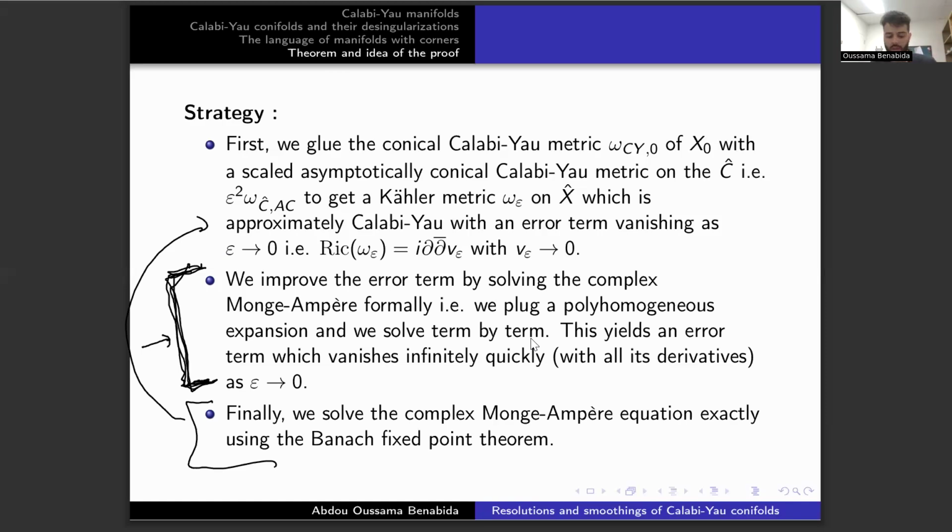This is why we add this intermediate step, because knowing that we have a polyhomogeneous expansion will allow us to do analysis on this. So yeah, this is basically the idea of the proof and the strategy. And I will stop here, I guess.